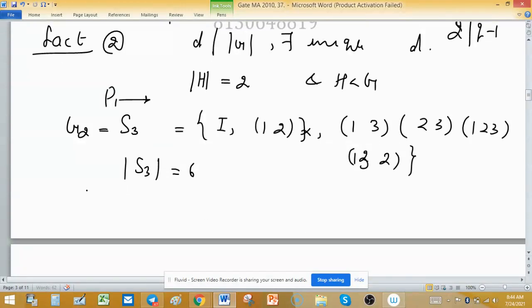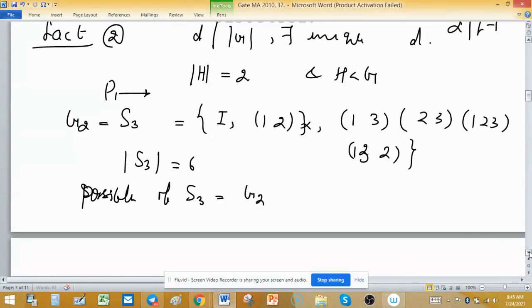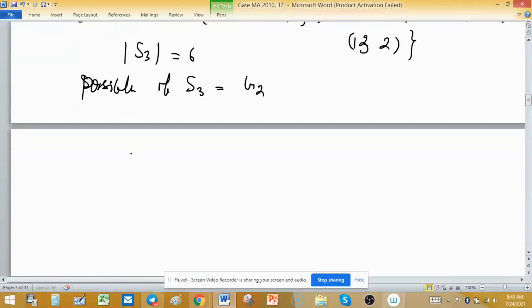Now we have to find subgroups of order 2. A possible subgroup of S3, or G2, is one that contains only the identity and a self-inverse element. So the identity and one transposition, say (1 2), form a subgroup, call it H1.